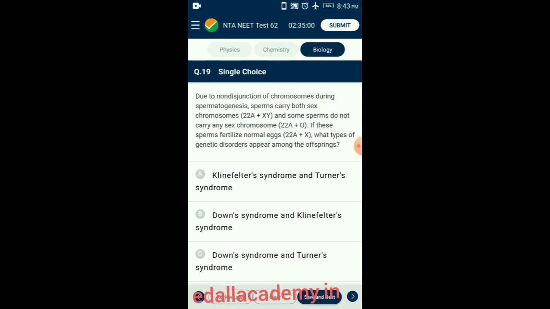Such individuals are sterile females with rudimentary ovaries, underdeveloped breast, small uterus, short stature of less than 5 feet, webbed neck, abnormal intelligence, cardiovascular abnormalities, and hearing impairment. So the answer for this question is option A, Klinefelter syndrome and Turner syndrome.